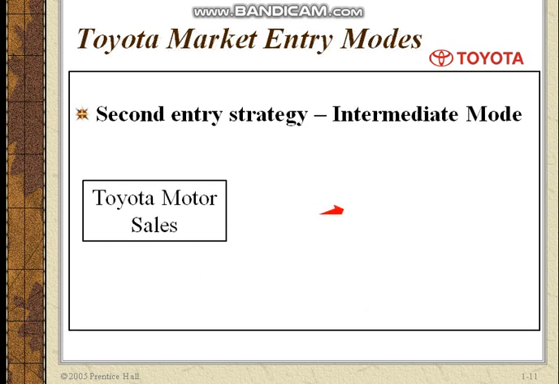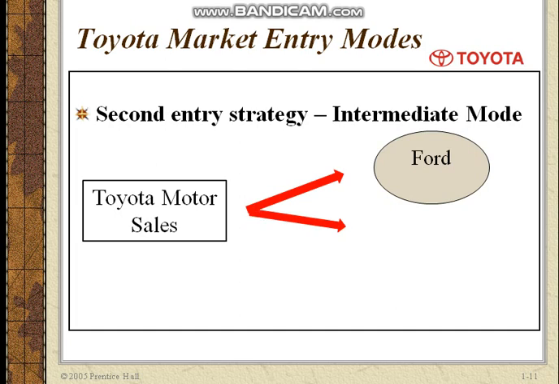Then Toyota also made a joint venture with Ford, which later failed. After that it made a joint venture with General Motors in 1981, with the reason that a voluntary restriction on Japanese exports to the USA was initiated.